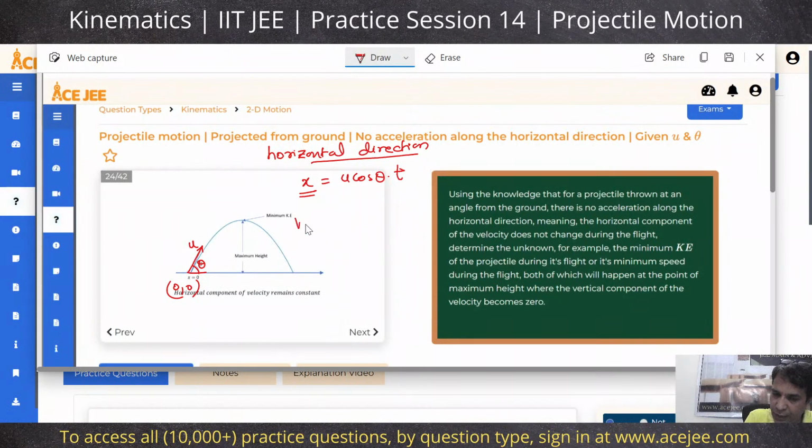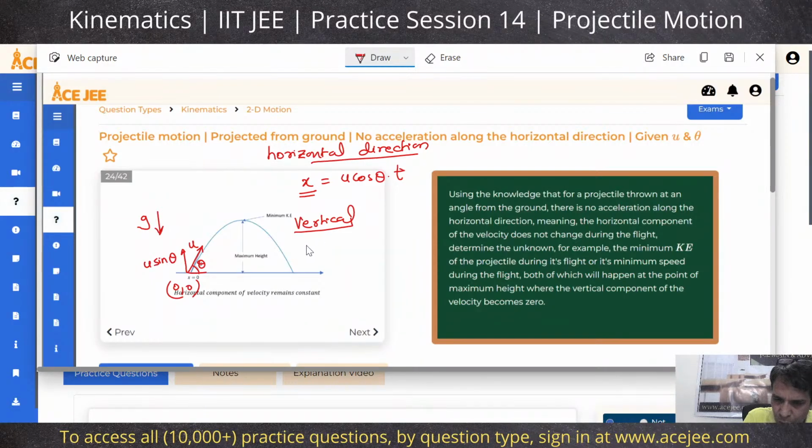In the vertical direction, we have two independent kinematic equations. So in the vertical direction, once again, the acceleration is g. The initial velocity is u sine theta.